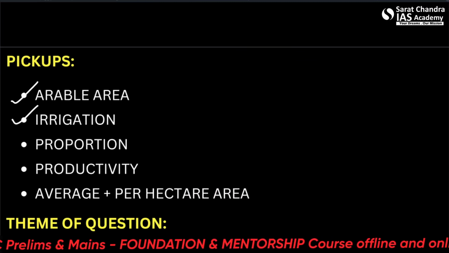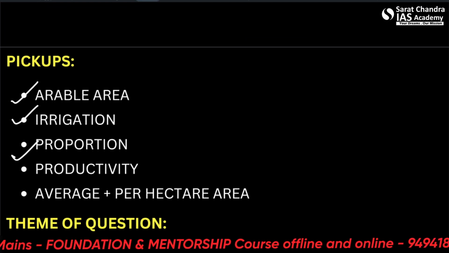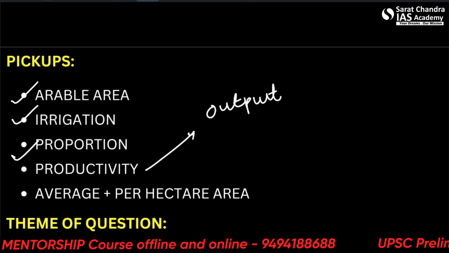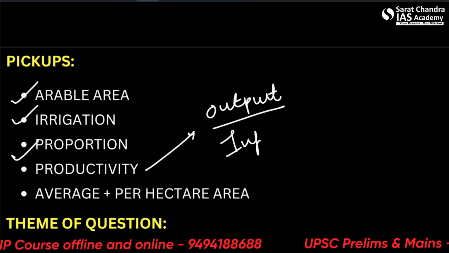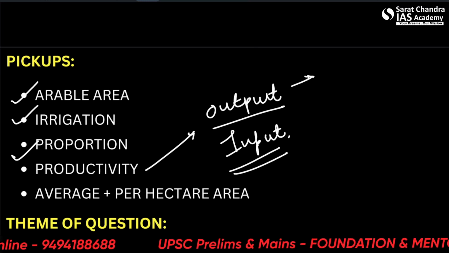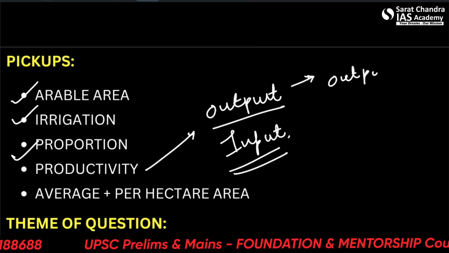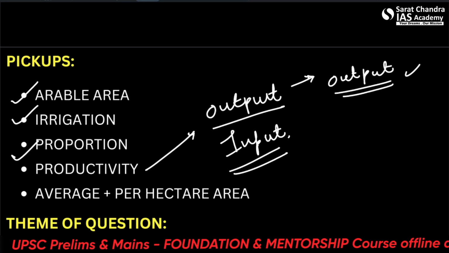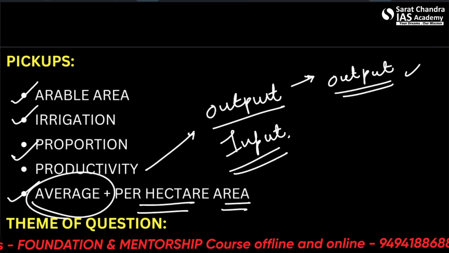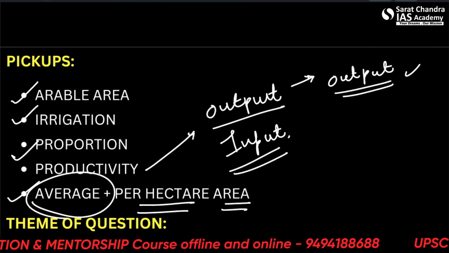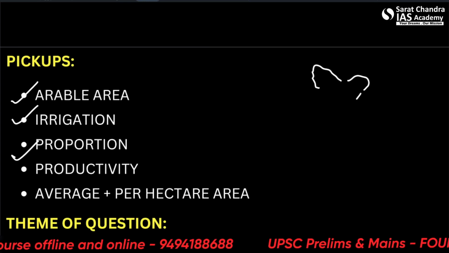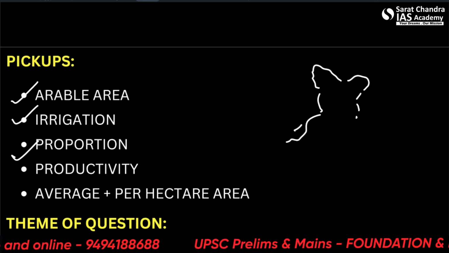Alright. The fourth thing that it talks about is productivity. So it's basically output in comparison to input, and the overall output as well. The fifth thing is average per hectare area. So it talks about the average. That means in terms of India, let's imagine this is India's map.